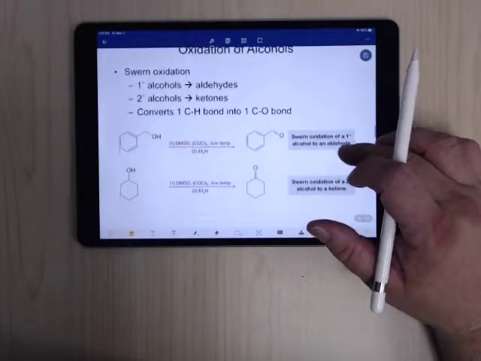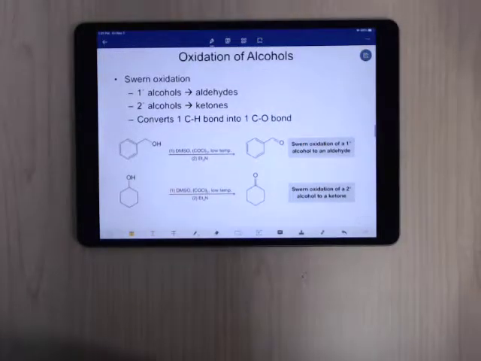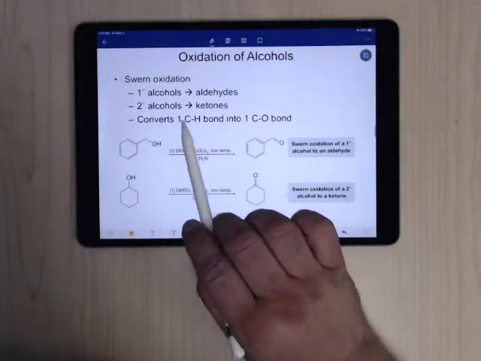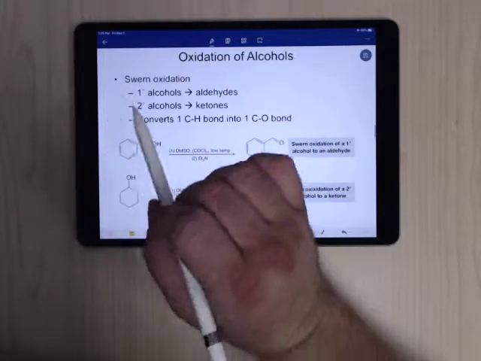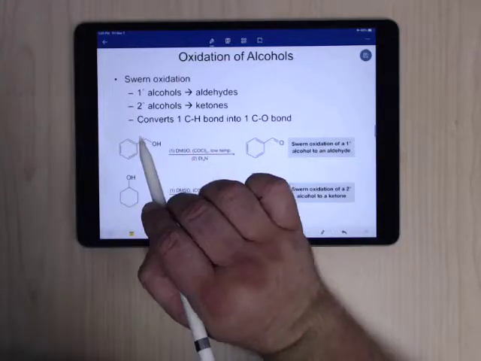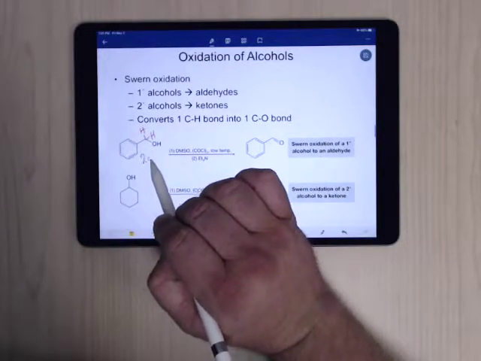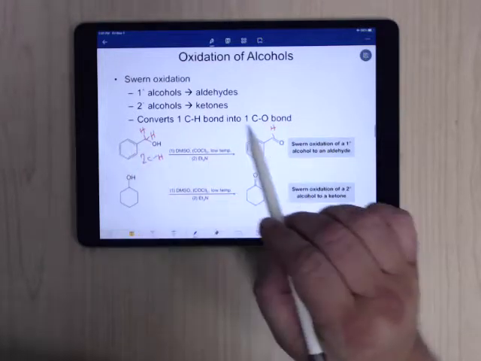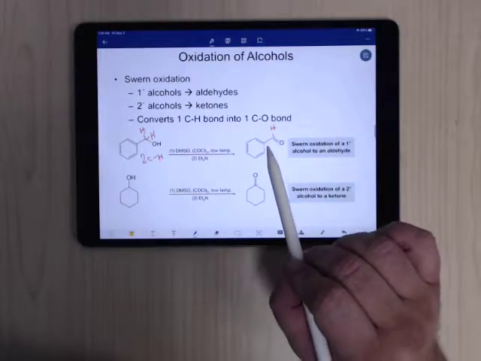So how do we do this? There are two different mild ways to do it, and then there are some more powerful ways. The Swern oxidation only converts one CH bond to one CO bond, and it stops, full stop. So for here, we're going from two CH bonds into just the one. The Swern oxidation is a really nice way of doing this because it stops at the aldehyde.